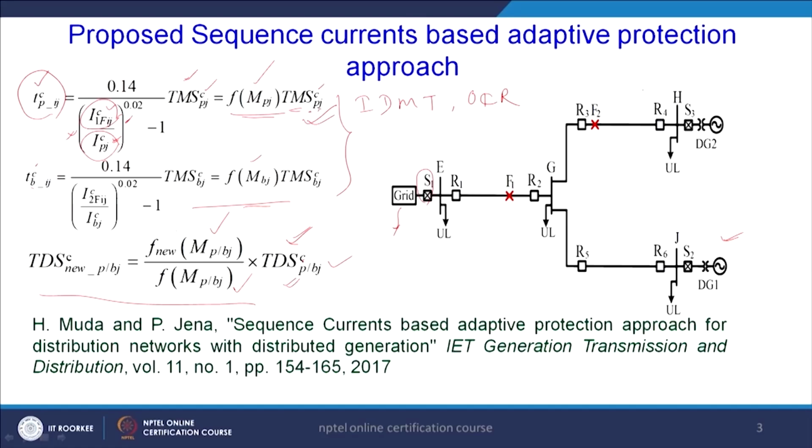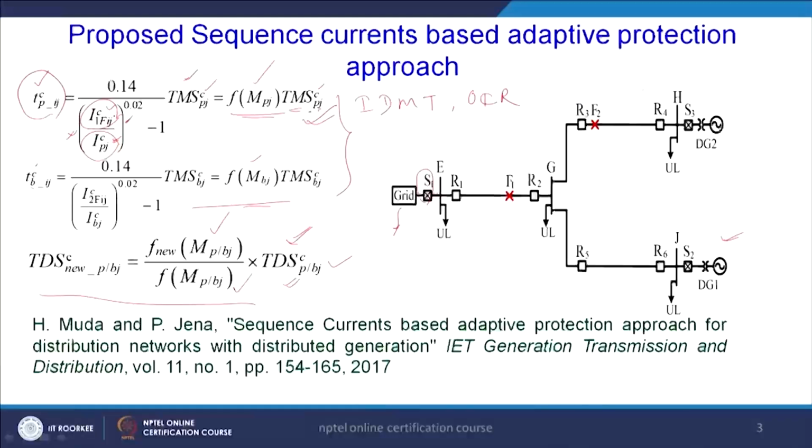Now, I will come to another point here, that after calculating this new TDS, we will calculate the corresponding time of operation of the primary as well as the time of operation of the backup relay. And here one more point I will add. If you could see here the clock setting multiplier for the primary and the clock setting multiplier for the backup, these two. In case of the clock setting for the primary relay, we have taken I1Fij.